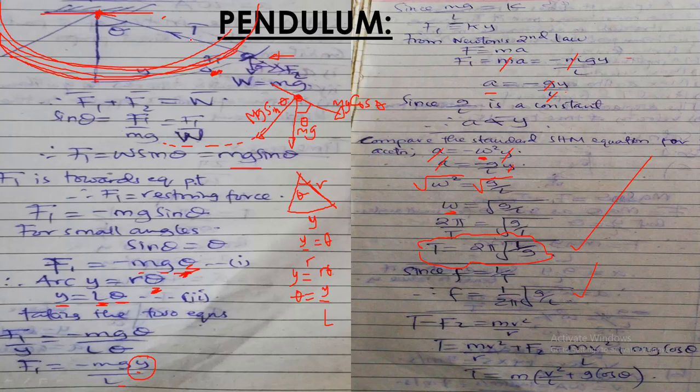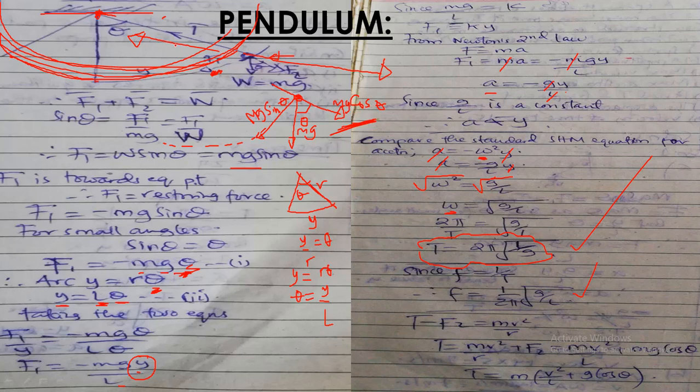Kuna force ya tension ya string ina act towards the center, na kuna force, kumbuka tuliresolve hii component ya mg cos theta, ina act away from the center. So tension ina act in the opposite direction. It means the difference between the two forces, because they are opposite, is what itakuwa ni centripetal force.